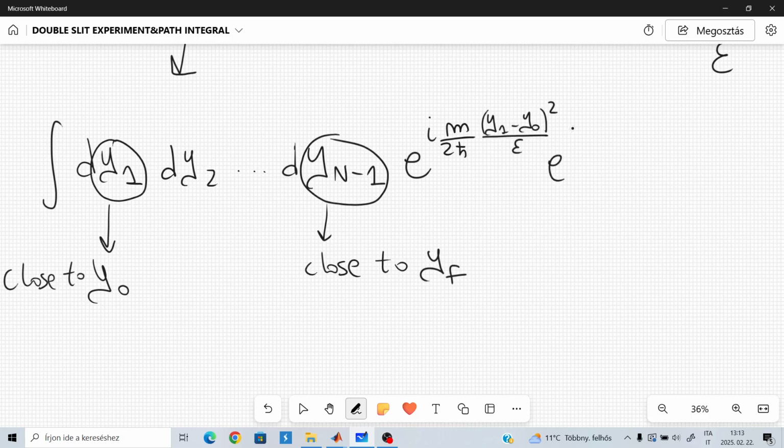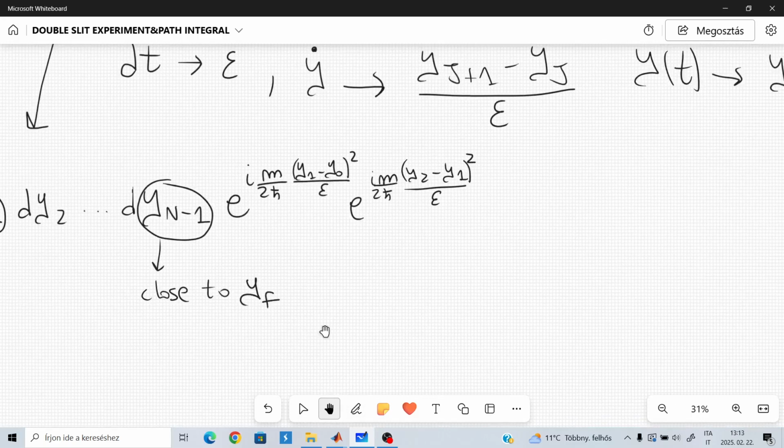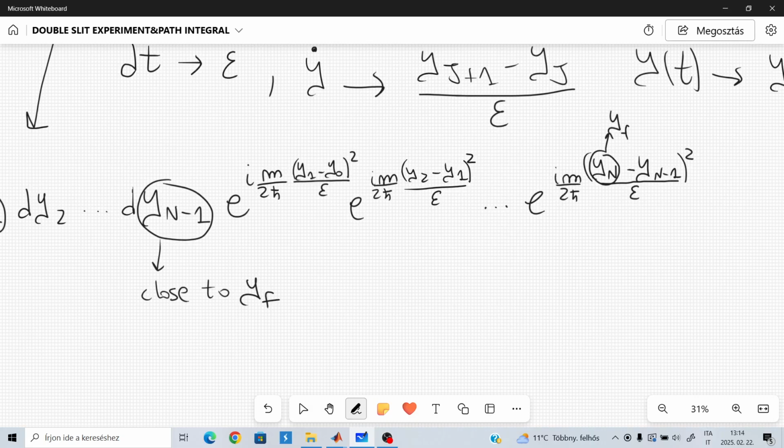Then you have something like e to the i m divided by 2 h bar, y2 minus y1 squared divided by epsilon, and you get the pattern. So dot dot dot, e to the i m divided by 2 h bar, yn minus yn minus 1 squared divided by epsilon. And this yn will be equal to yf when you take the limit.